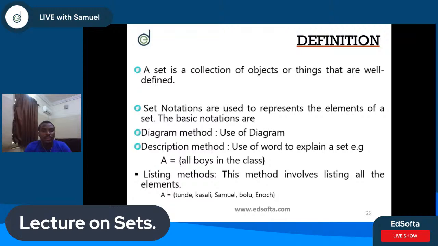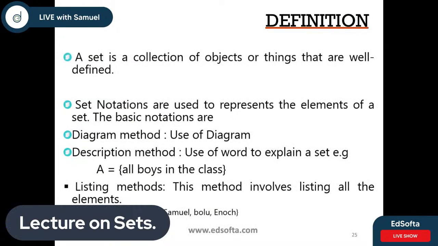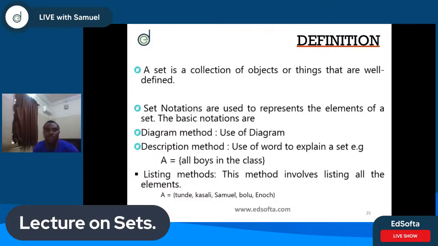So set notation are used to. So sorry, it was just a little technical issue.